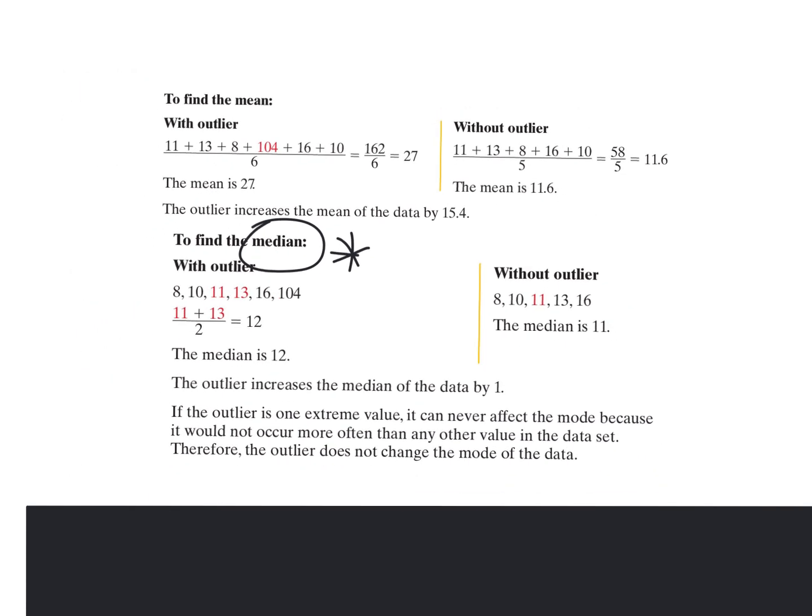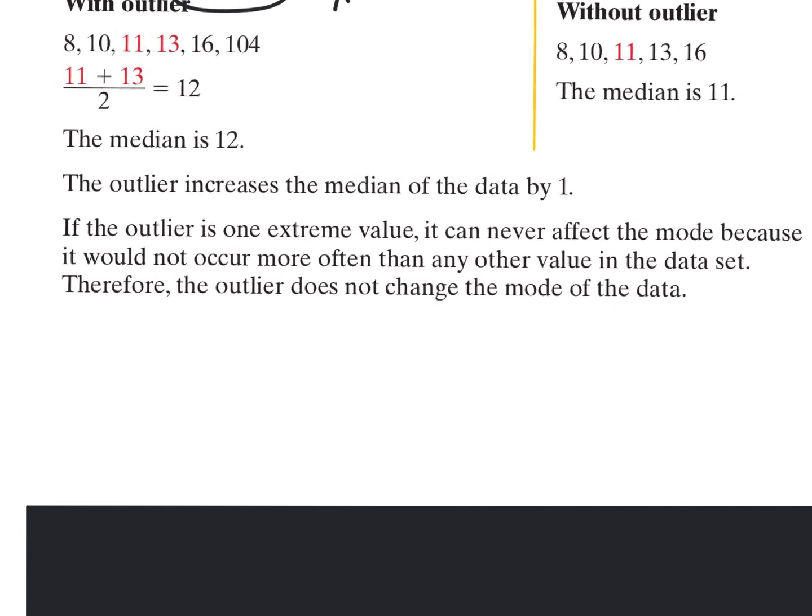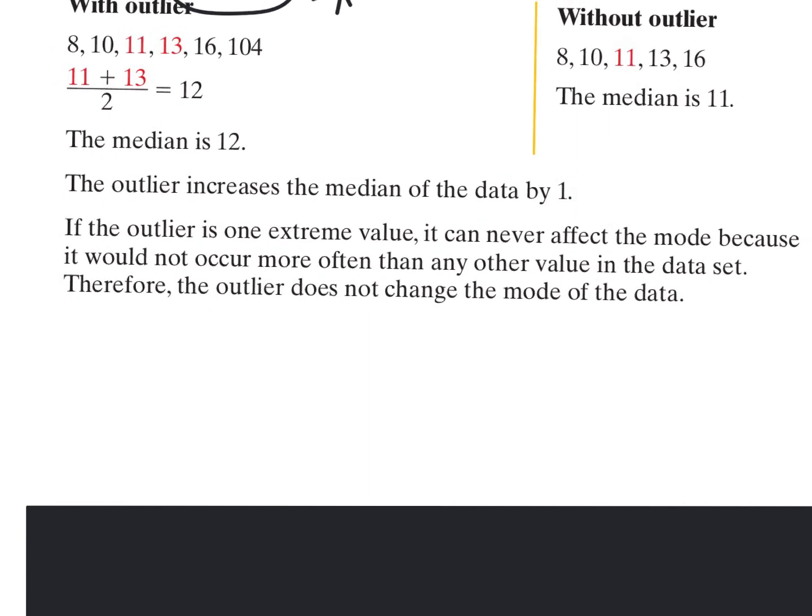Okay, and then they talk about how if the outlier is one extreme value, it can't affect the mode, because if it's only one number, it wouldn't be the mode. So one number isn't going to change the mode. You'd have to have multiple, either really big or really small numbers to affect the mode.